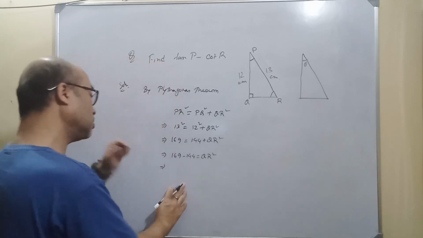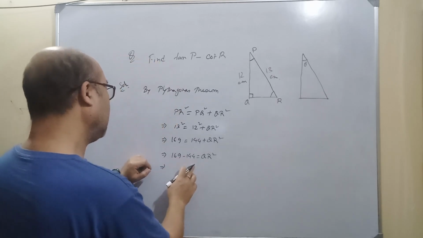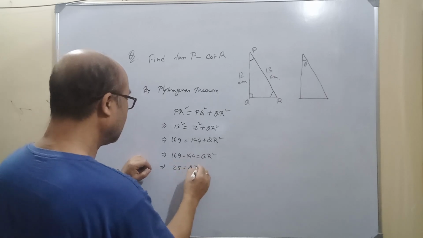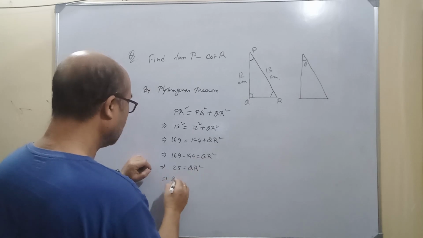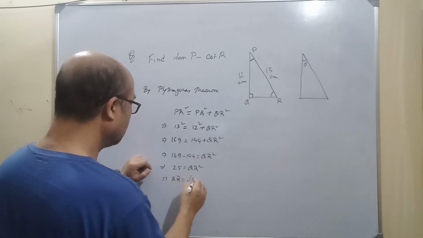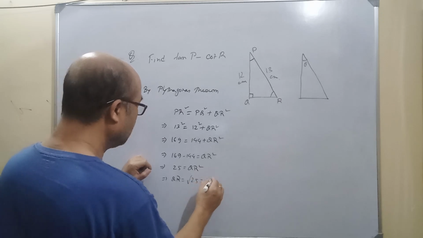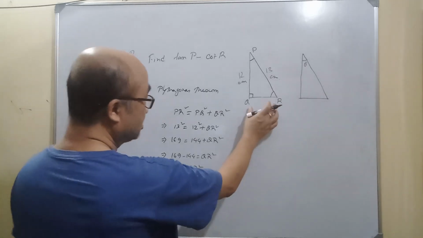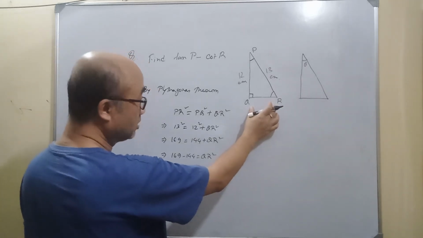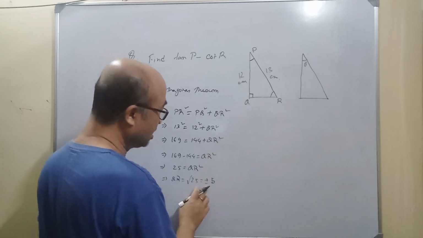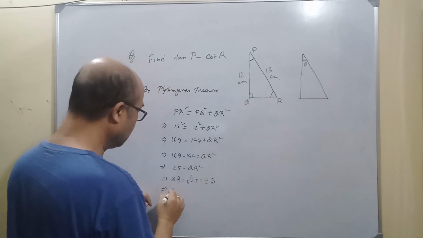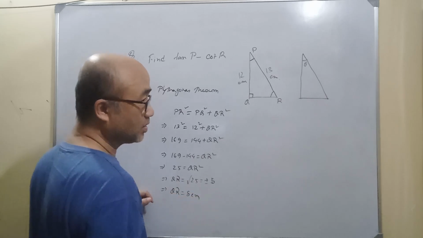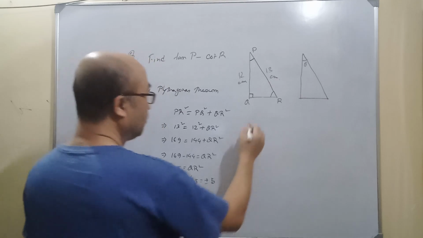This is equal to 25. So QR square is 25, or QR is equal to square root of 25, which is plus or minus 5. But QR is the length of a side, so it cannot be negative. We will reject the negative value. So QR is equal to 5 cm.